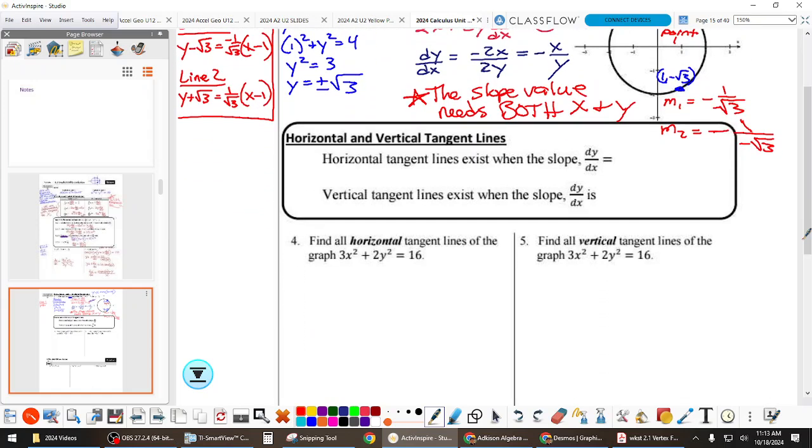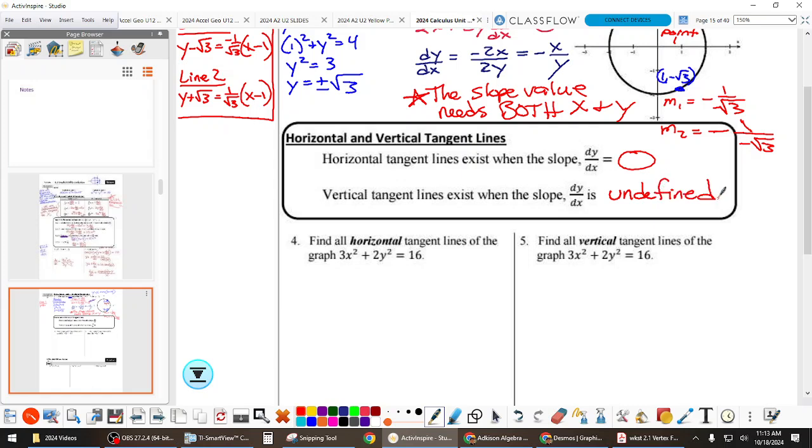Just a quick reminder, I guess we could finish this little box. A horizontal tangent exists when the slope is what? 0. A vertical tangent when the slope is undefined, so divide by 0.